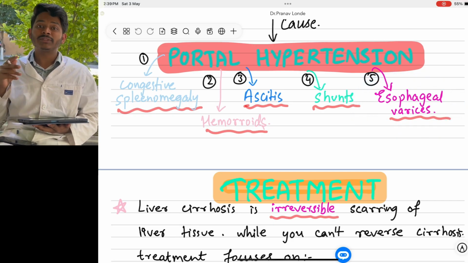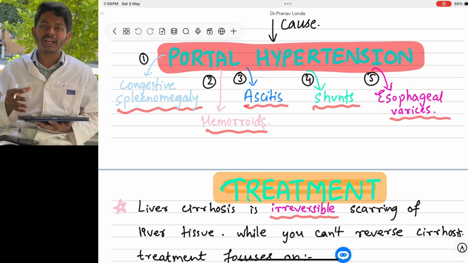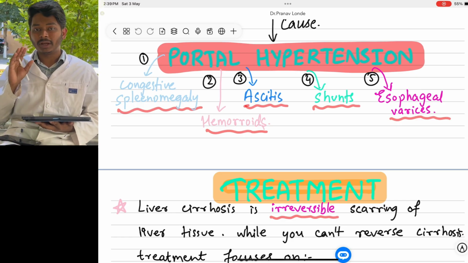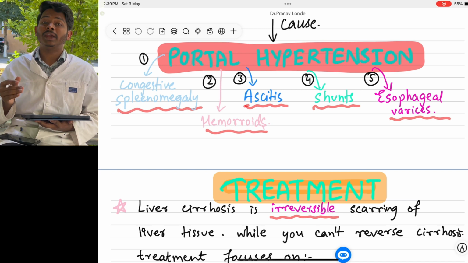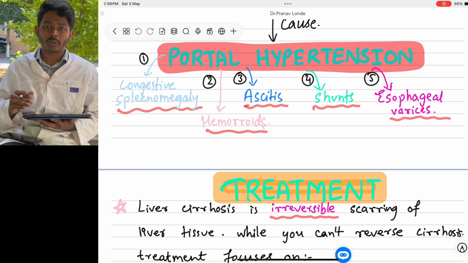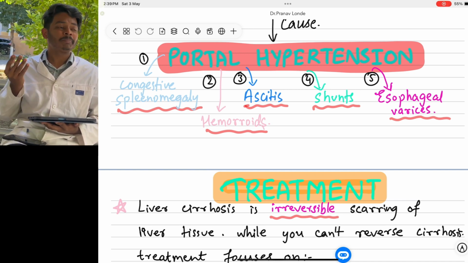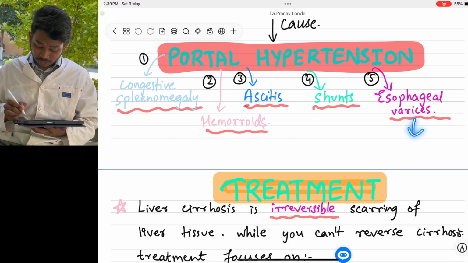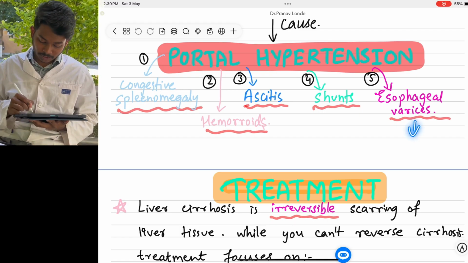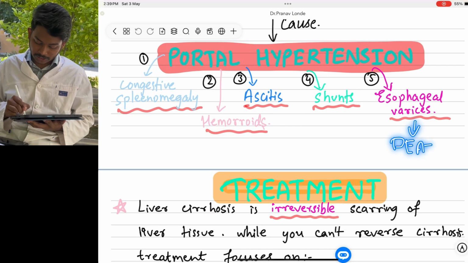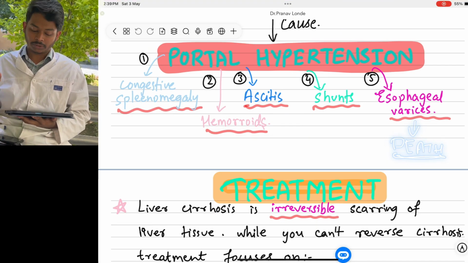The veins will try to accumulate more blood, there will be more dilation, and at last there will be rupture of these blood vessels, and due to this there will be non-stop bleeding. The patient can't eat anything. The complications of esophageal varices can lead to the death of the patient for sure.